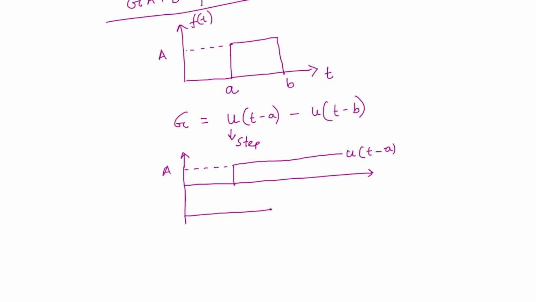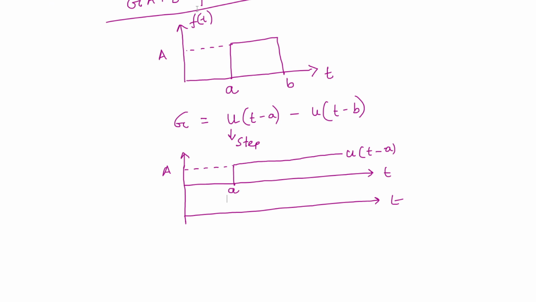So in the first sub-figure we have drawn a shifted step function, which is starting from t equal to a, and it is maintaining the magnitude A after t greater than a.